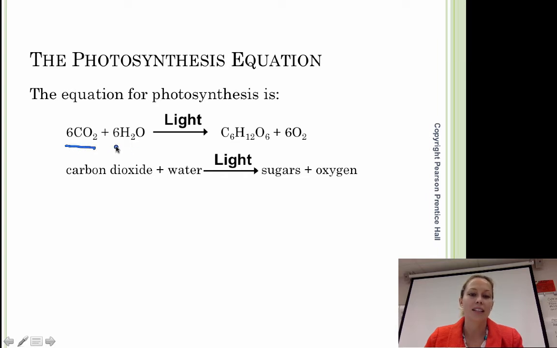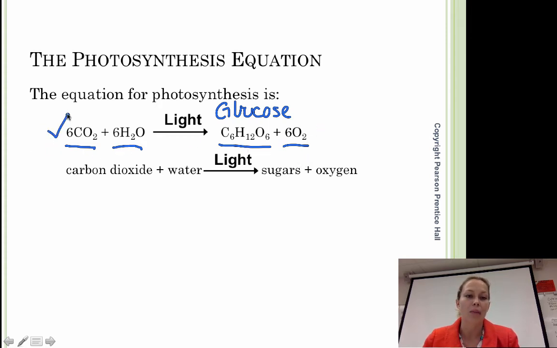Then you've got 6 H2O molecules, or water molecules, and we use light energy to create our C6H12O6, and this is our sugar, or our glucose, and 6 oxygen. You will need to know this balanced chemical equation for a quiz or a test. So as you can see there, the word equation, the carbon dioxide plus water and light energy is going to give us our sugars and our oxygen.